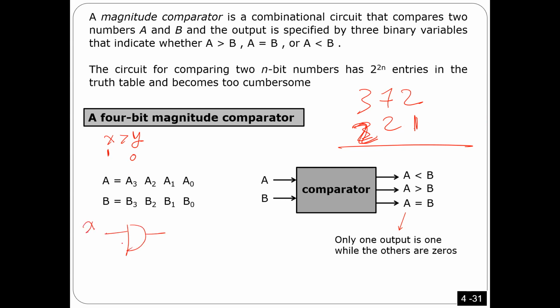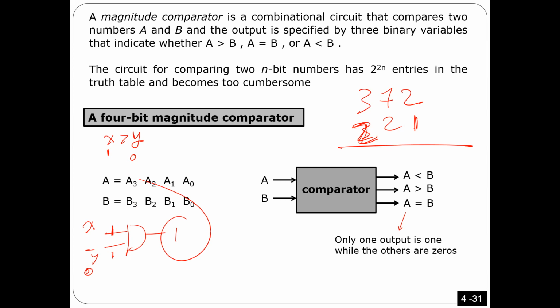I'm gonna input X and Y prime, so that when X is 1 and Y is 0, Y prime becomes 1, and I'm gonna get 1. Very simple, right? So if I use X, Y prime, this gives me 1 if X is greater than Y. Make sense? Bit to bit, because I need to compare bits.